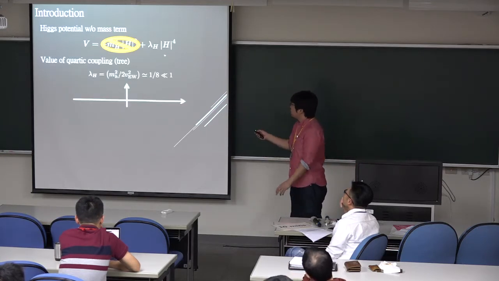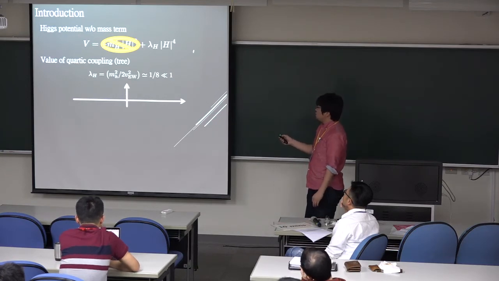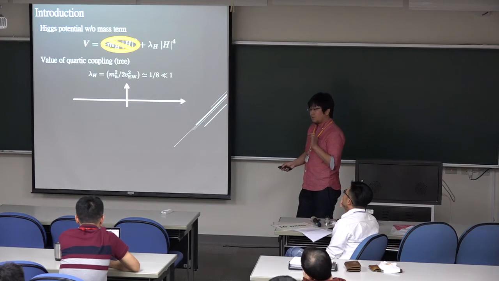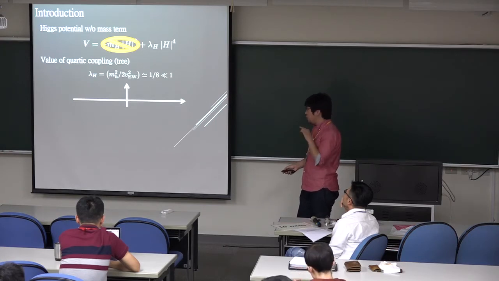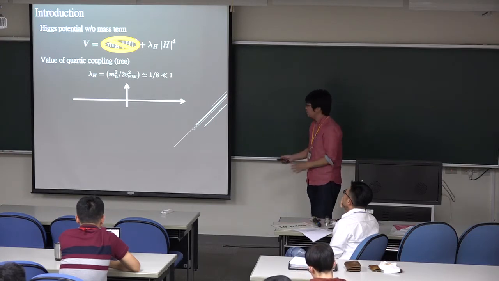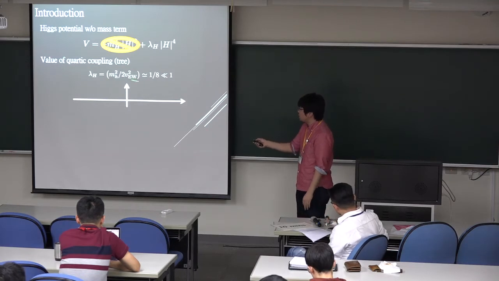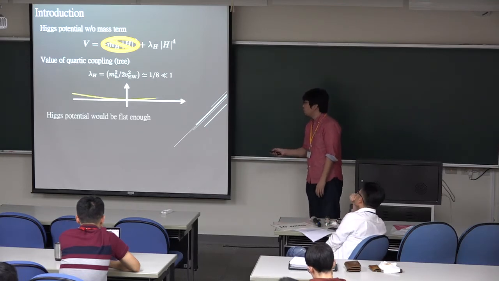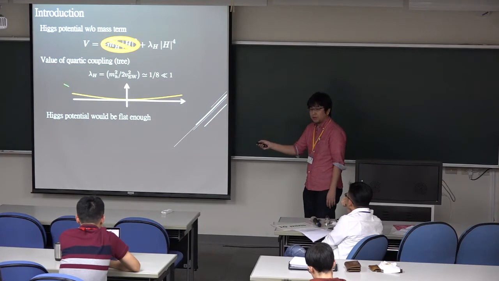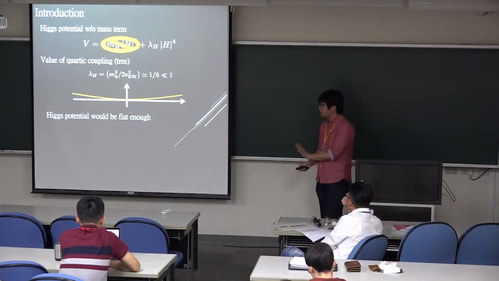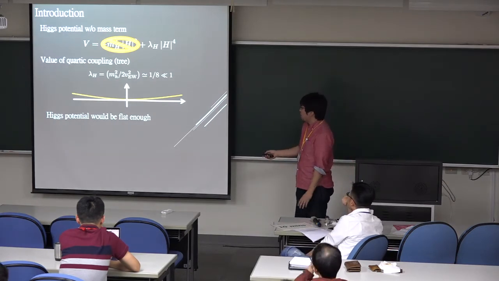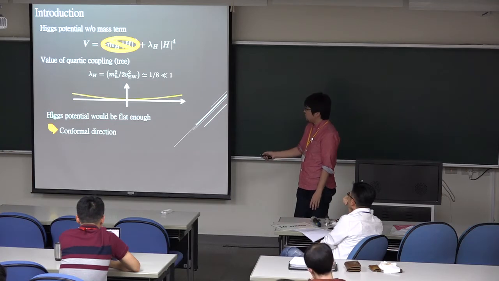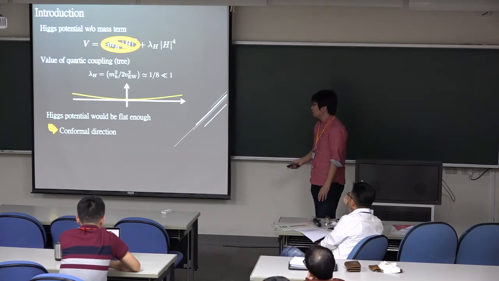As you know, once we only have this quadratic coupling, we might be seeing along the kind of flat potential, because this quadratic coupling itself is small enough. So we are now focusing on this kind of direction, which is almost flat, and that is nothing but the conformal direction.